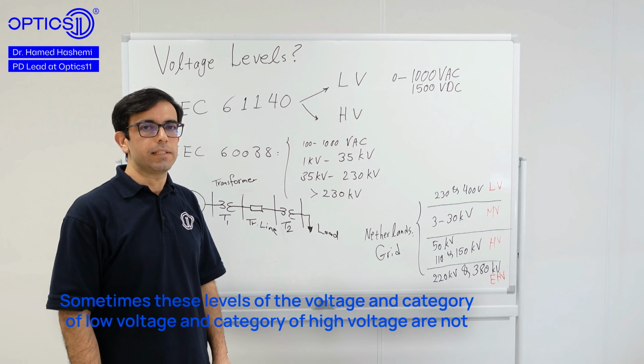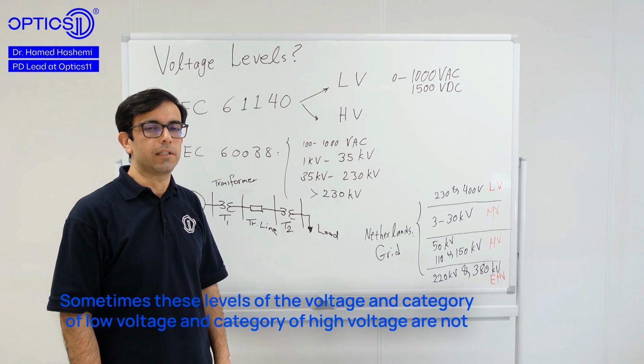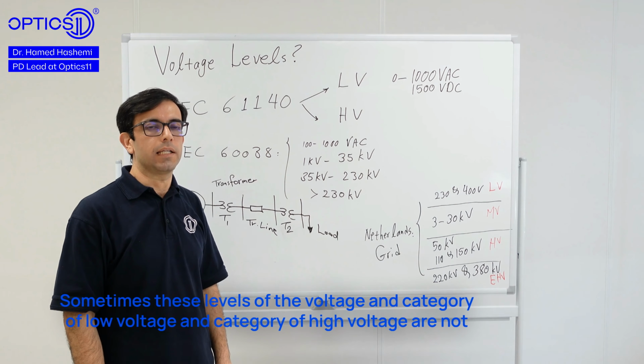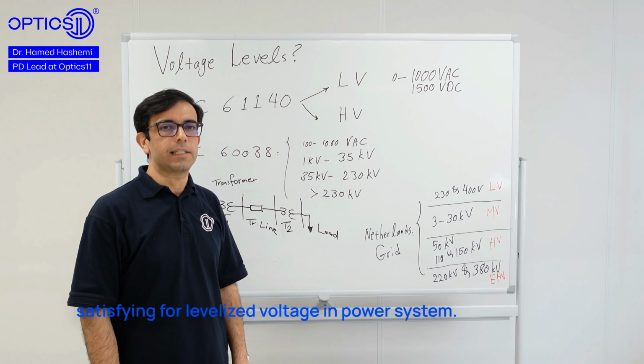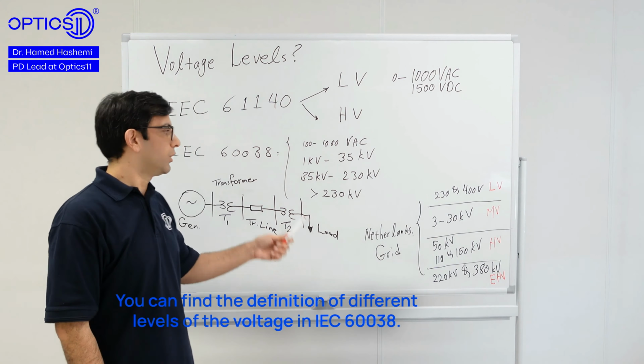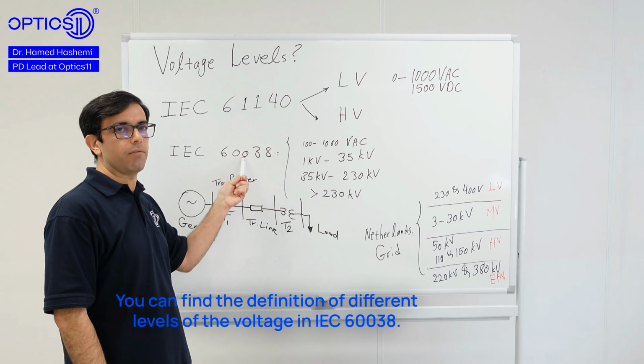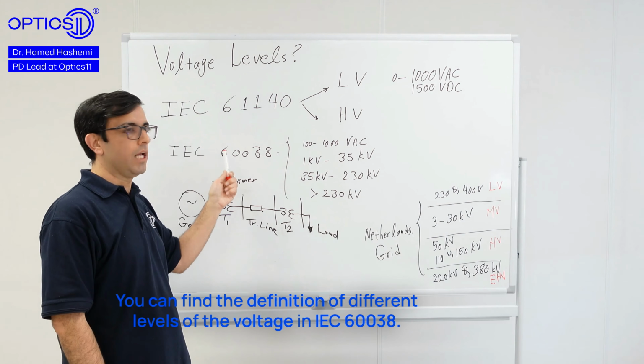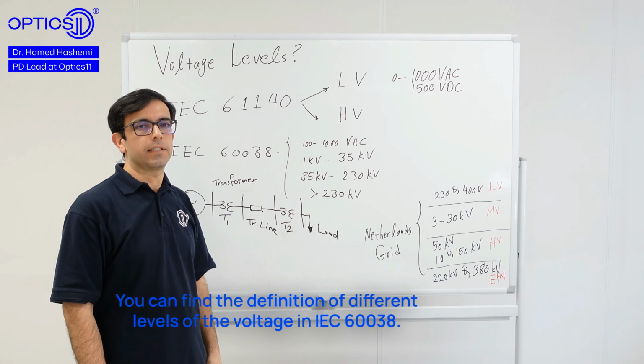Sometimes these categories of low voltage and high voltage are not satisfying for leveled voltages in the power system. You can find the definition of different voltage levels in IEC 60038.